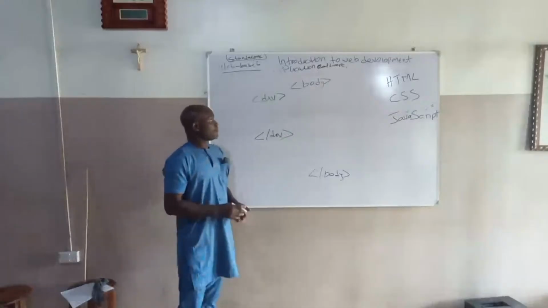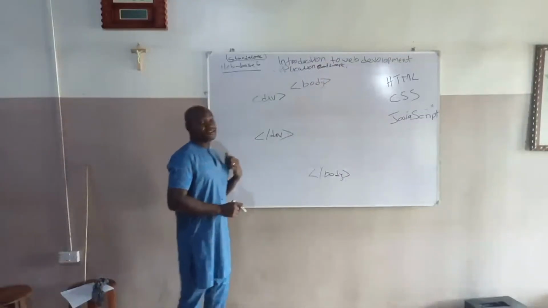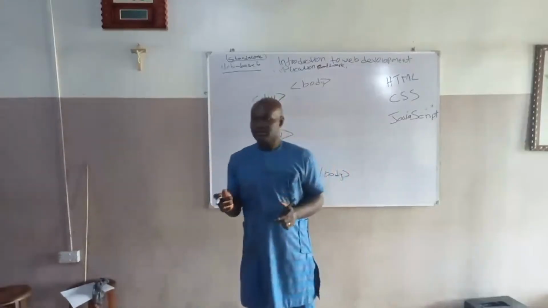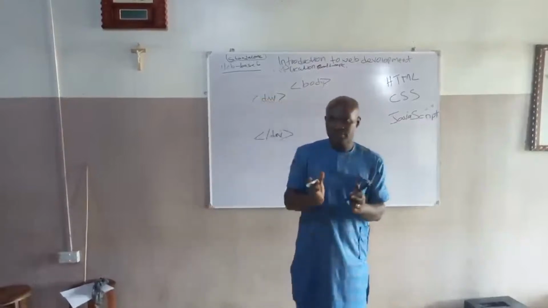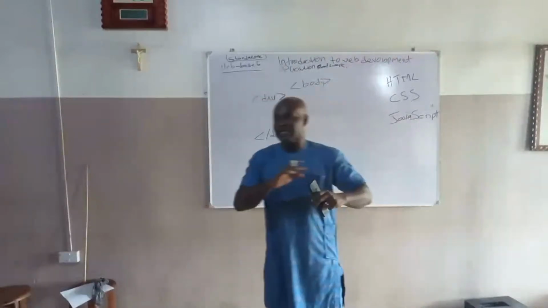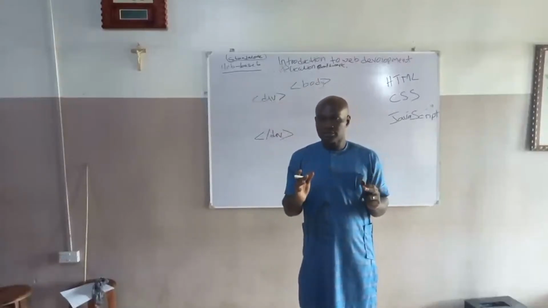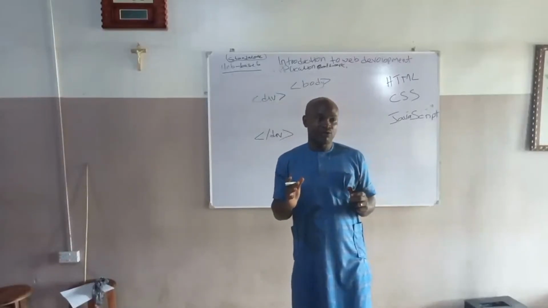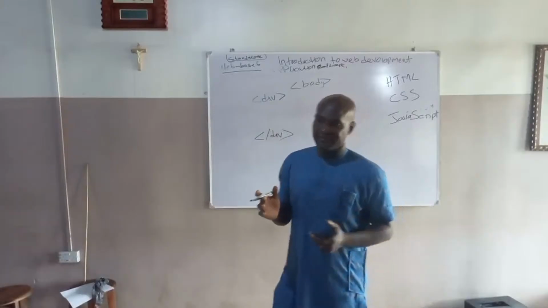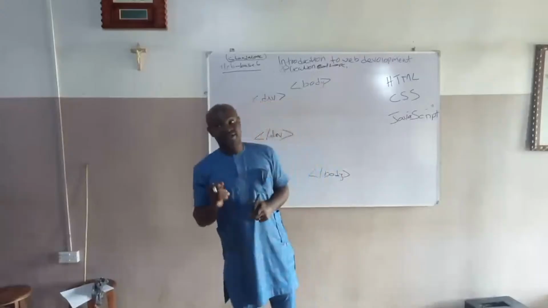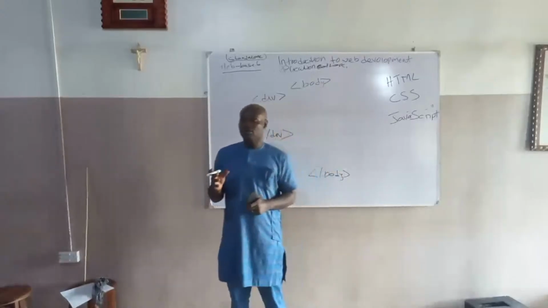Now, I said the DIV is the main element. It's a wrapper. It's a container. If I don't want something to get scattered, I want to wrap it up. DIV is a very important element in HTML web design.